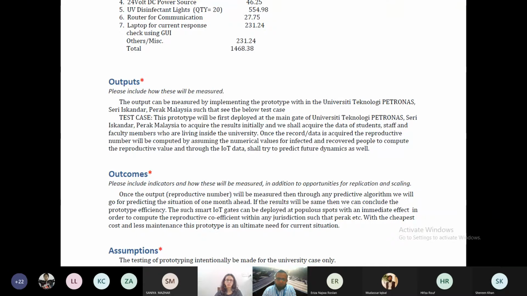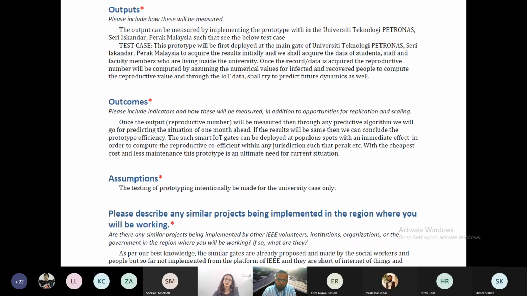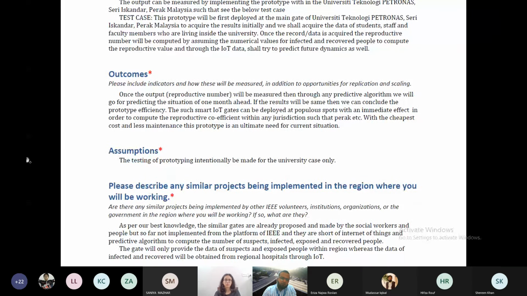Then you can see the further outcomes, how this particular gate will be beneficial. I said that it will tell the particular spread of COVID-19 within the jurisdiction. Now this is an assumption. If you have any sort of assumption, you can mention it over here. I mentioned that this is a prototype level, so it will be only implemented within the university. So they were okay with that.